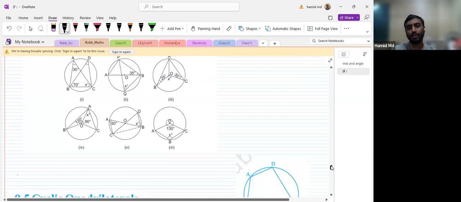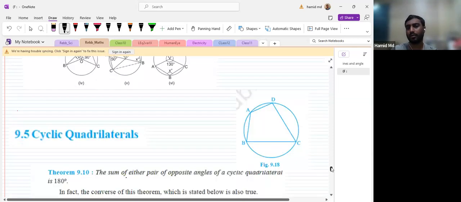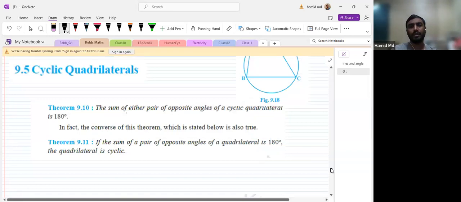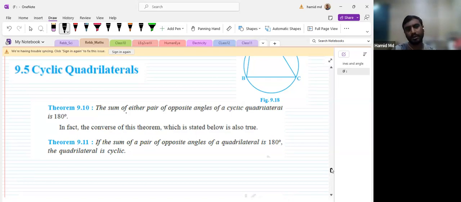We solved these questions, then we came to the cyclic quadrilaterals. And we said that the sum of either pair of opposite angles of a cyclic quadrilateral is 180 degrees, or if the sum of a pair of opposite angles of a quadrilateral is 180 degrees, then it is cyclic.